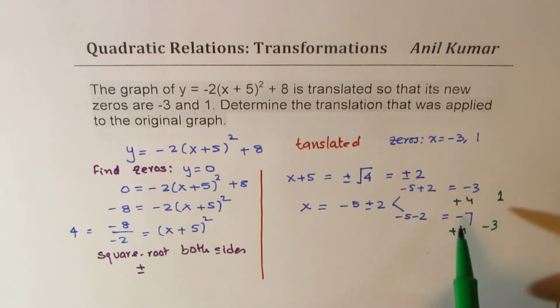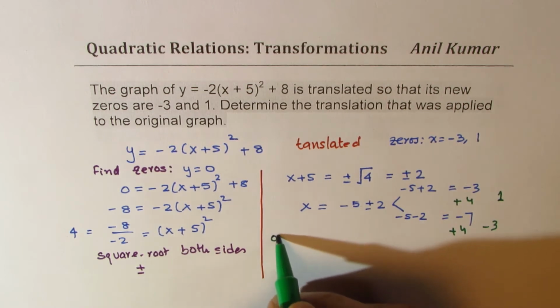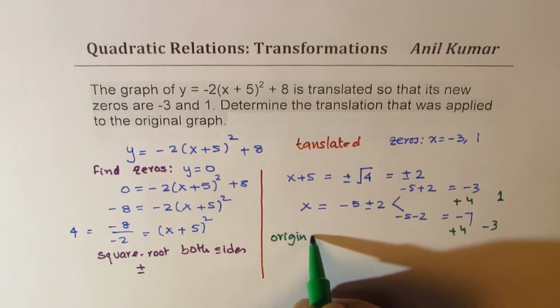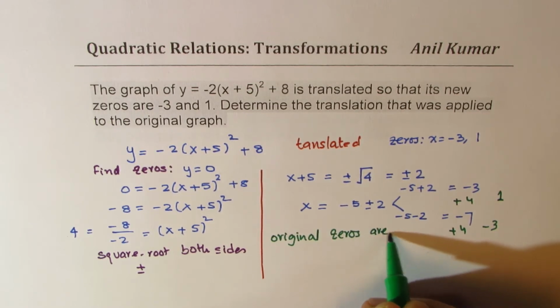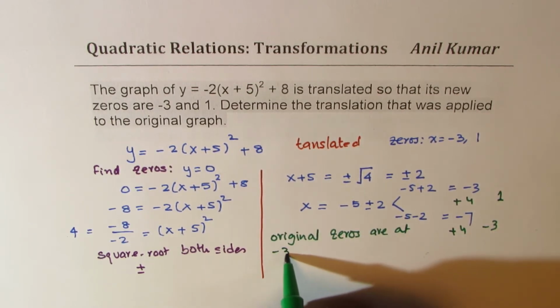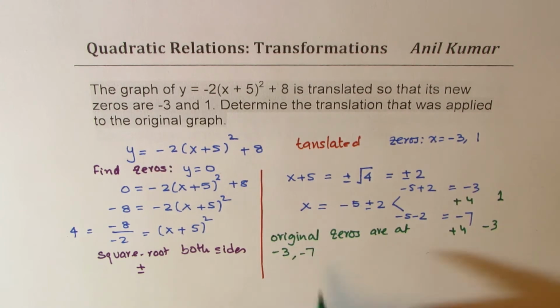Perfect. So here we can say that the original zeros are at minus 3 and minus 7.